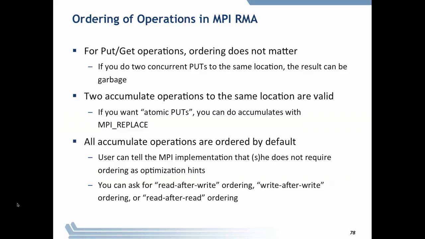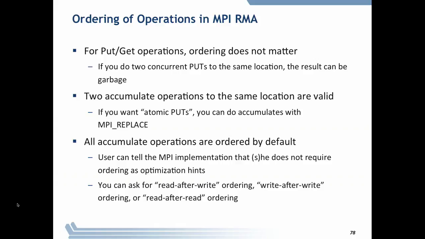In fact, one of the criticisms of the MPI-2 one-sided was that it specified too much in terms of what happens when you did operations that might overlap. So for example, one of the things it said was that that was erroneous, which meant it was an error.